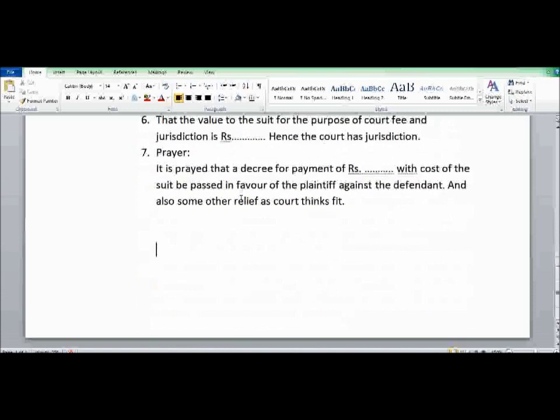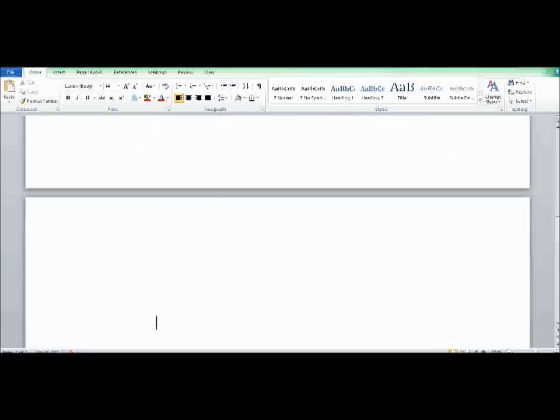Now, following the procedure, we will write place and date. Place, the place where you are filing the matter, and date on the left side, and then on the right side the signature of the plaintiff. Now we will come to the verification.